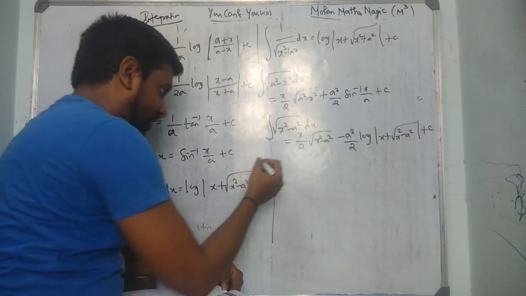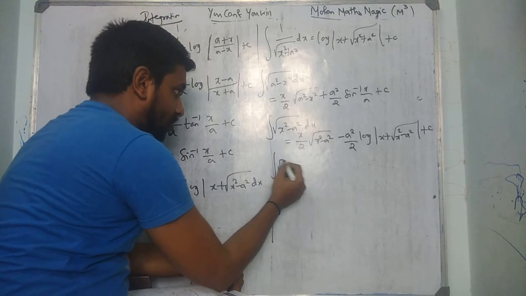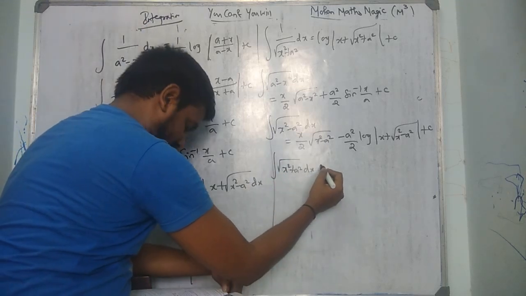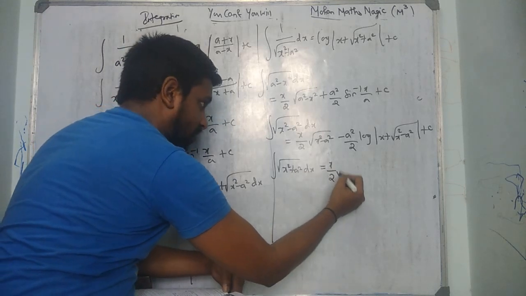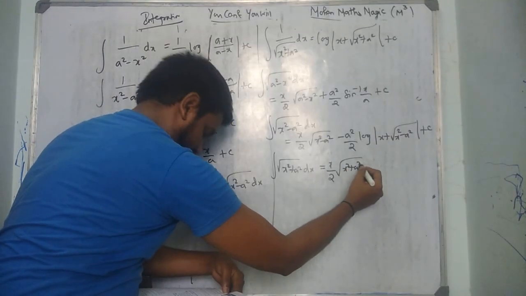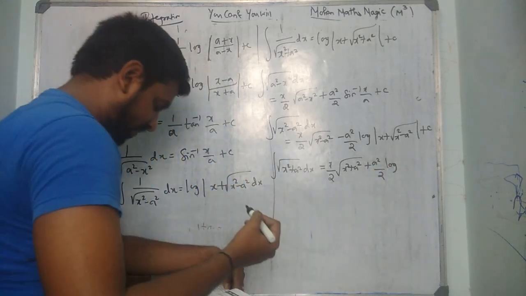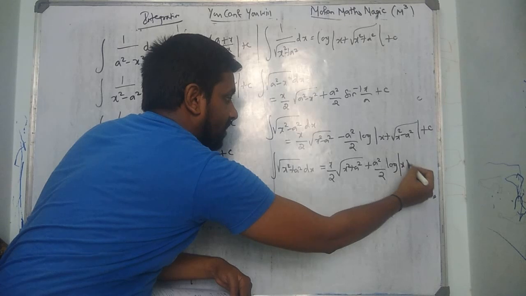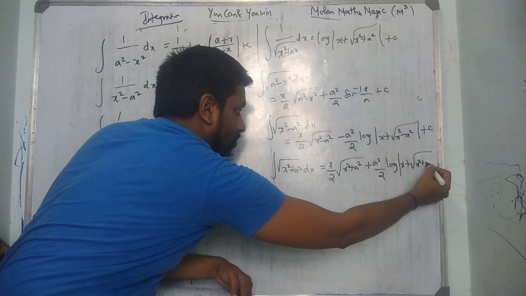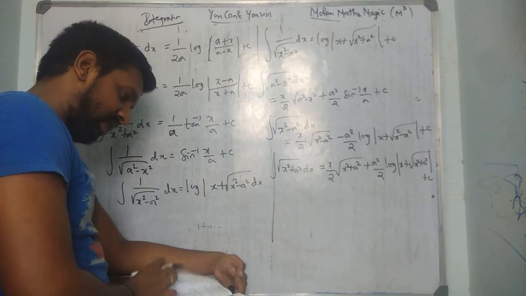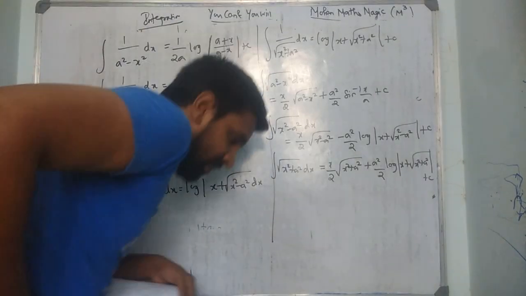And the last one, the integral of root over x square plus a square dx is equal to x upon 2 square root x square plus a square plus a square upon 2 log of modulus x plus square root x square plus a square plus c. And now we'll move on to the trigonometry formulas.